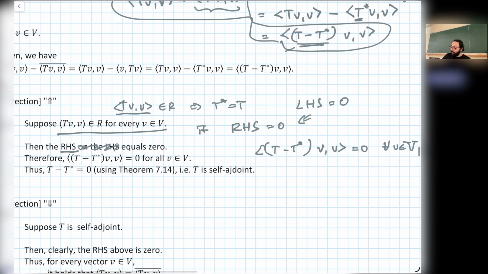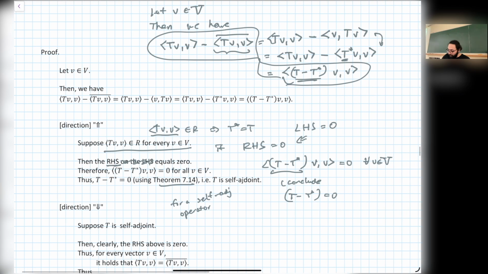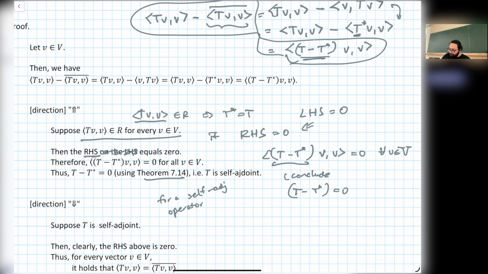Okay. This is fine. Now we want to conclude from this that T minus T star is 0. But this is not obvious, so you have to use one of the results that we proved earlier. For a self-adjoint operator, let's call it T tilde, if you have ⟨T tilde v, v⟩ equal to 0 for all v, it implies T tilde is 0.